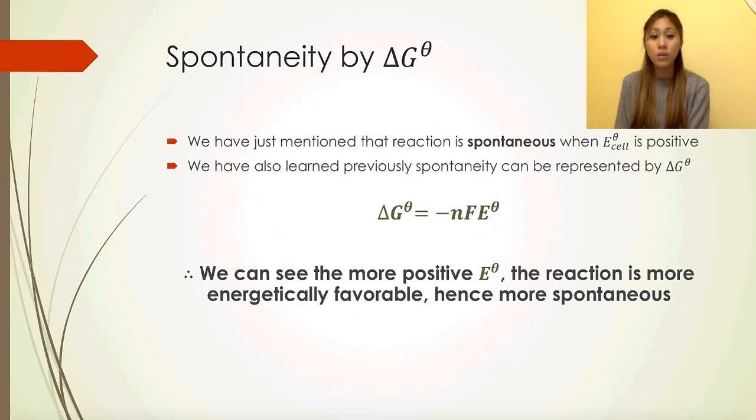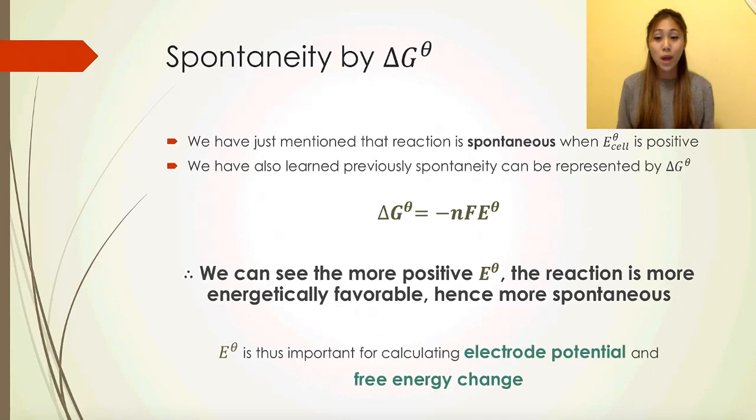And because it's more energetically favorable, the more negative the whole right portion of that equation is going to be, and the more negative it is, obviously tells us that it is more spontaneous. So now we see how the cell potential is related to Gibbs free energy.